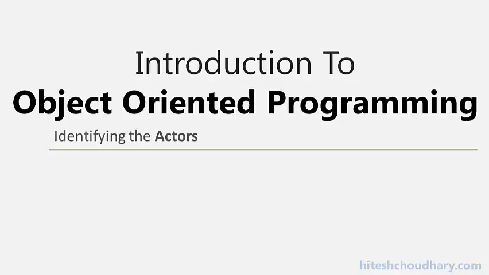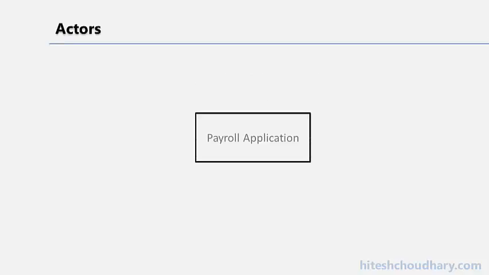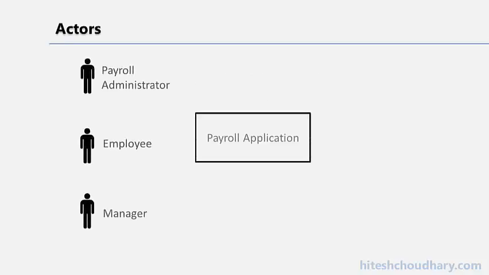Now sometimes coming up with the actors is very straightforward. If you are building a calculator app for a mobile device or a simple one-person game, you must have one actor, someone who uses the application, the user. However, if you are building, say, a back-end internal payroll application, you might have multiple people with very different goals within, such as a payroll administrator, a manager, or an employee.